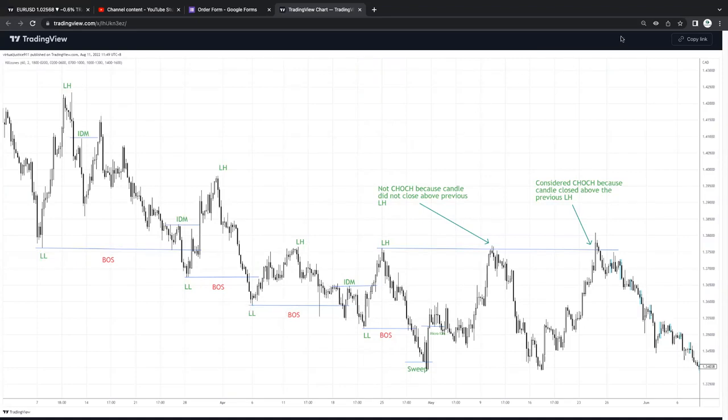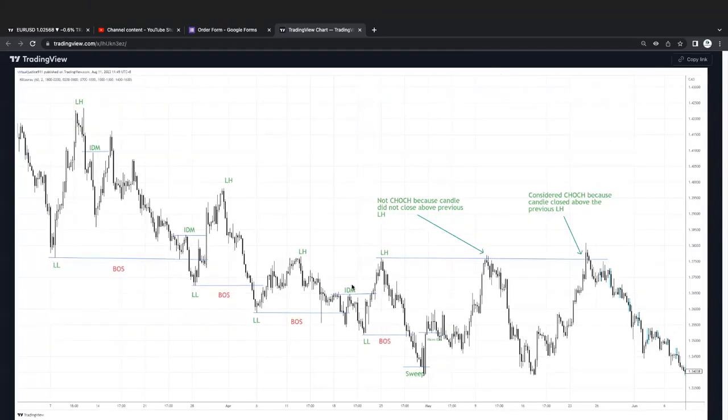Okay, correct. And this could be your inducement. Okay, correct. Break the structure. And in this case, if you can see here on the left side, this can be your minor inducement here. And then what happened? See the liquidity push downside, still no break of structure. And on the left side, this is the inducement, correct? And this is your inducement. So these are inducement. This is also inducement.